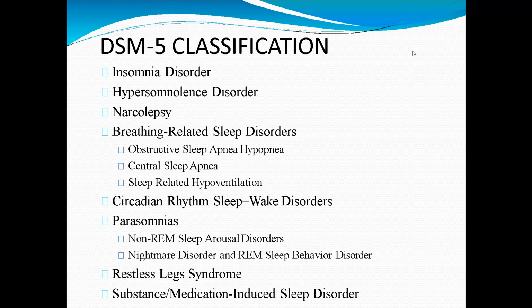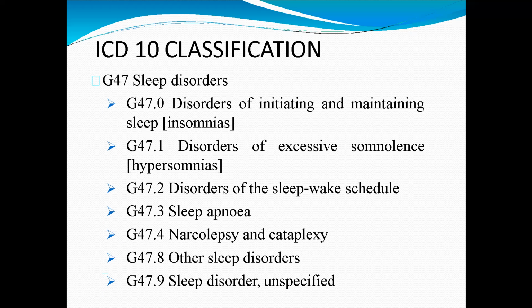In the last class, the last slide we saw was the DSM-5 criteria, which classifies the sleep disorders into different types. The next classification we talked about was the ICD classification, the ICD-10 classification.